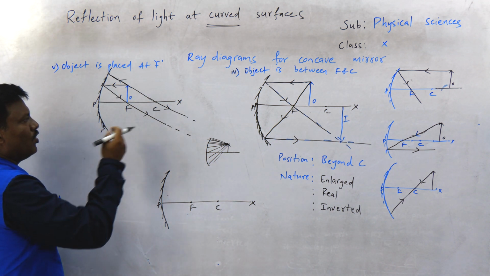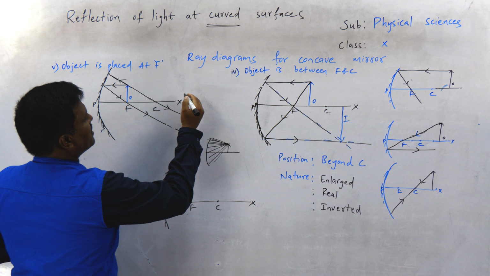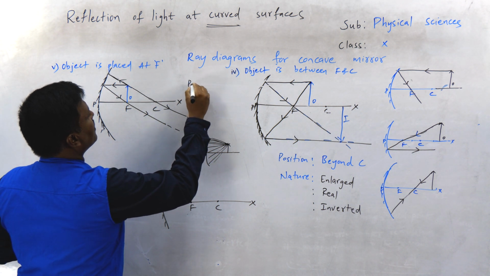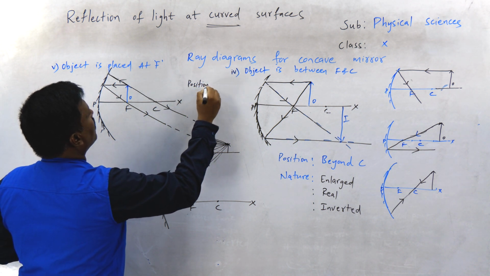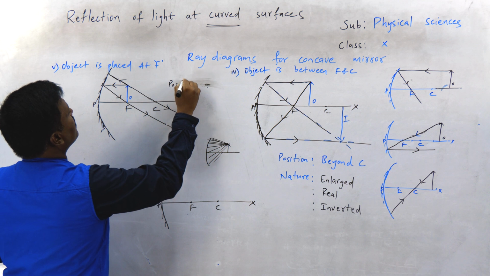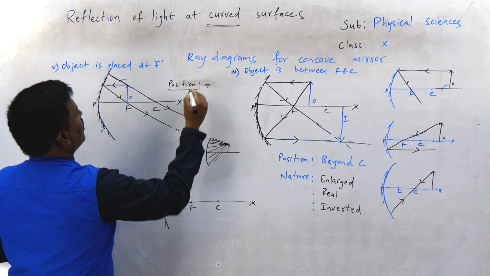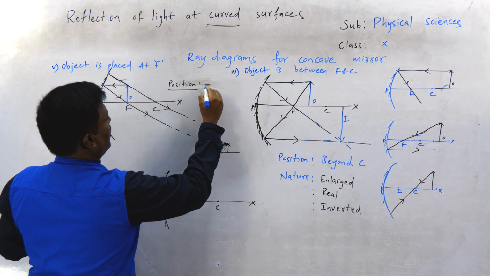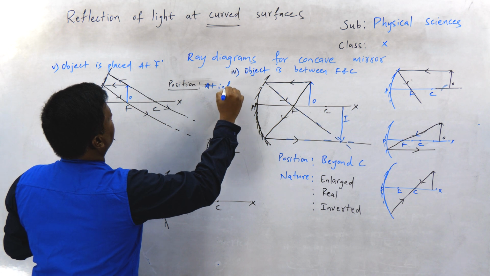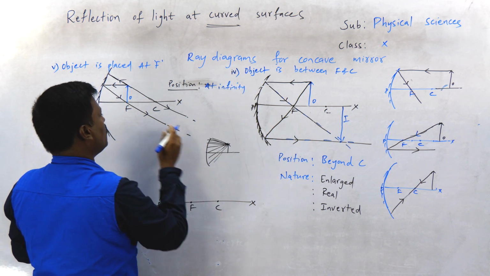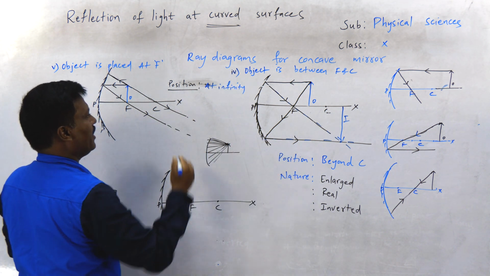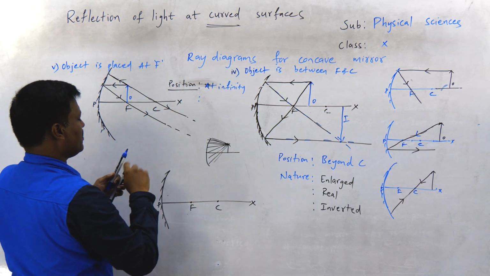Okay, so in this case, what is the position of the object? At infinity. Image forms at infinity. You go on extending, go on extending. And what is the nature of the image?